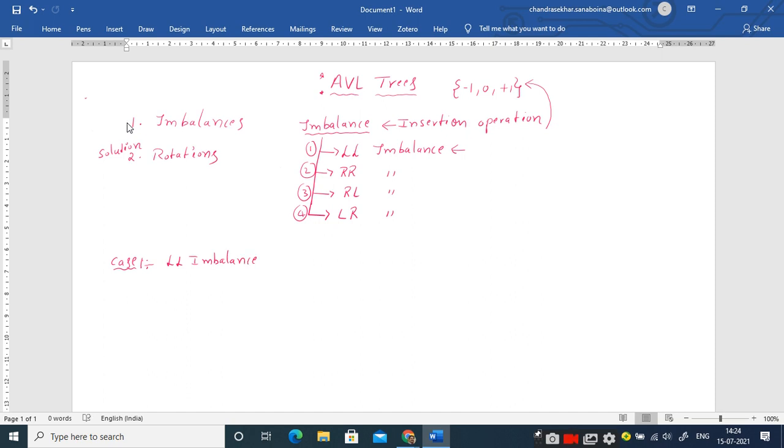So let me take 3 values or 3 characters, A, B and C, right?